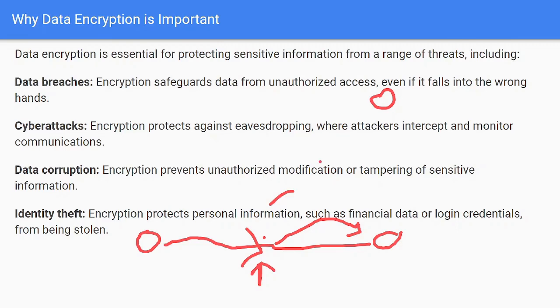If they are storing those data encrypted on the database, even though there is a data breach, the attacker cannot go and steal one person's identity from that data. Why is that? It is because there is encryption. Whatever data the attacker has stolen will not make sense to the attacker. Therefore, he will not be able to steal the identity of any user on that system.